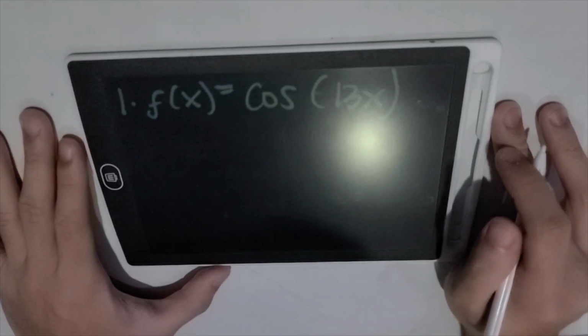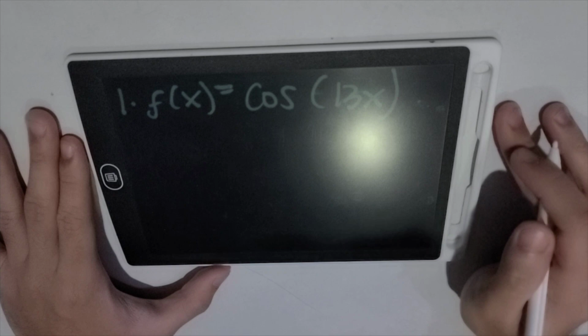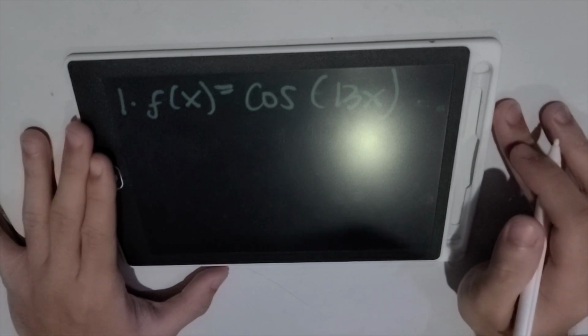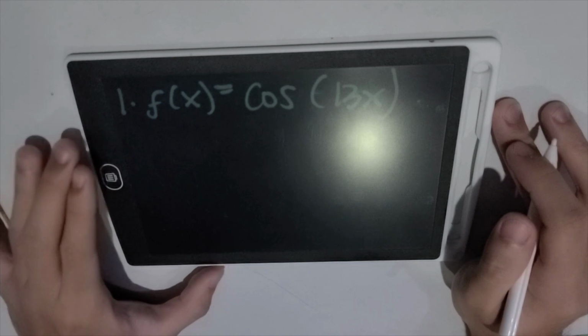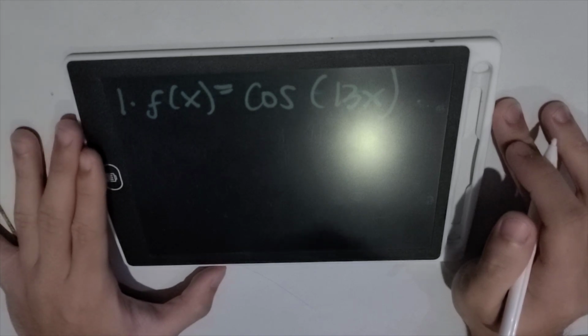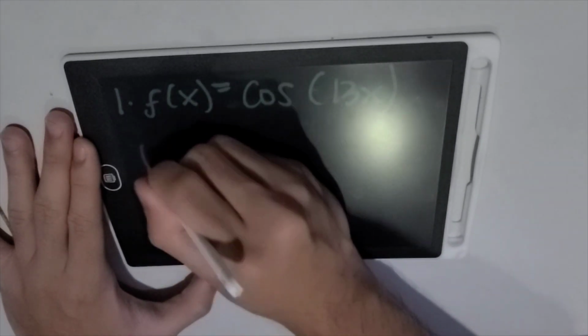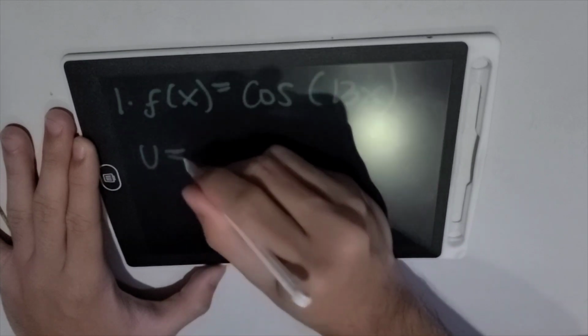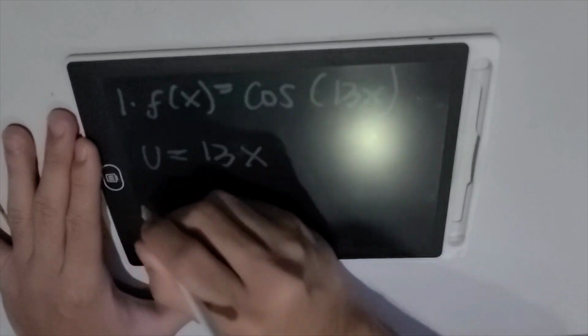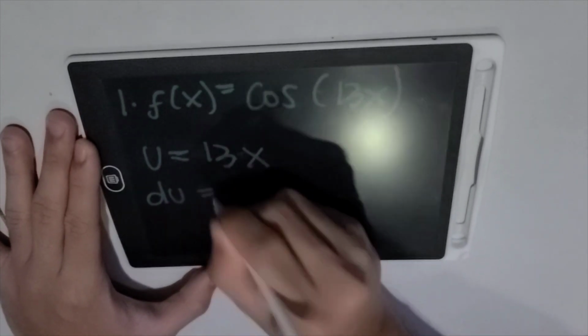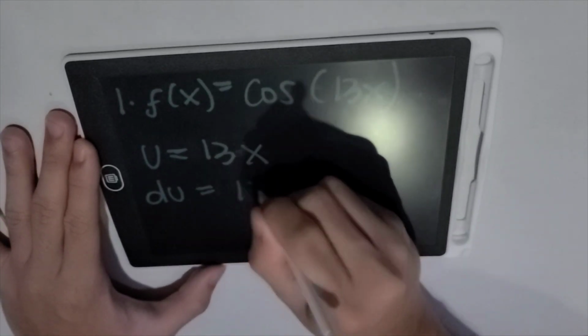Let's now get back to our question, or in this example. First, let's find the derivative of our u. But first, let's identify our u first. Our u is 13x, which means our du is now 13.